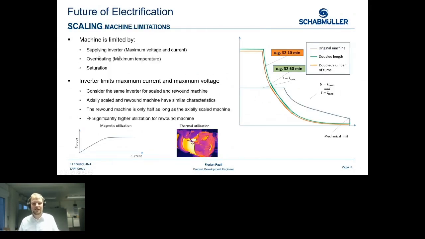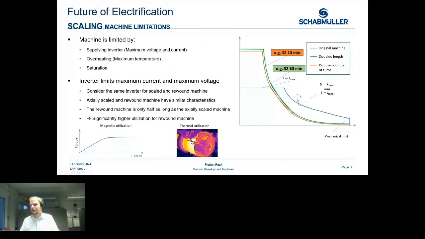So the machine is limited by several factors. One is the supplying inverter, which offers a maximum voltage and current, by overheating and by magnetic saturation. So what does it mean if we have a limited current and a limited voltage, considering the effects of scaling I just showed you on the slide before?